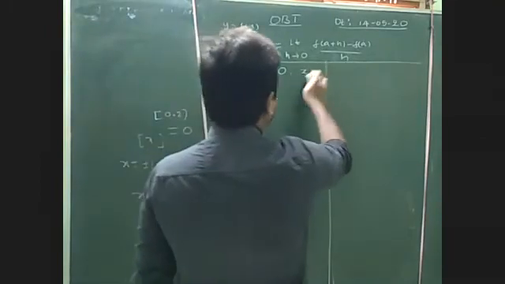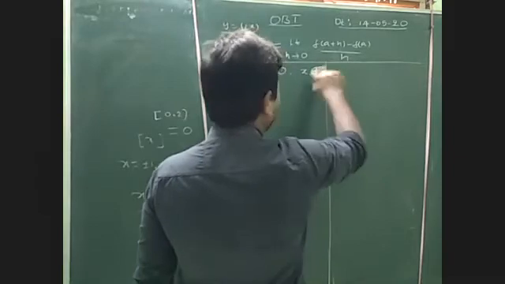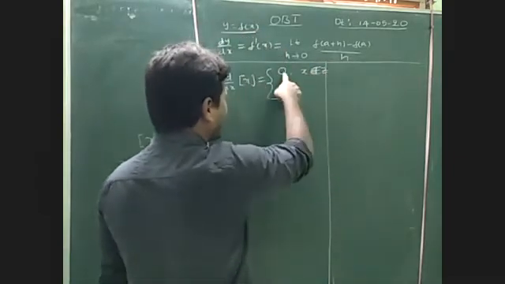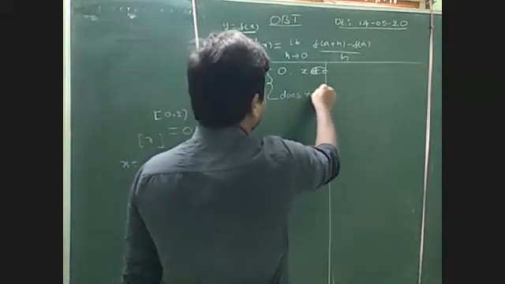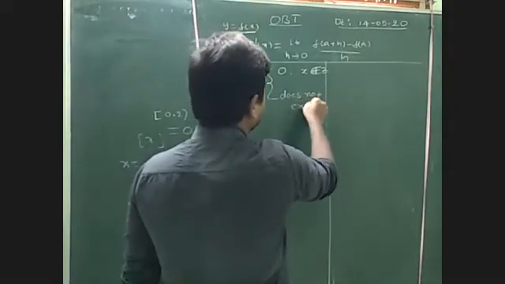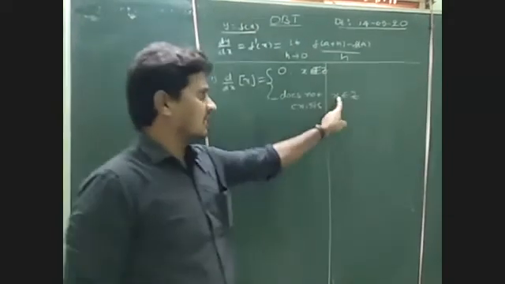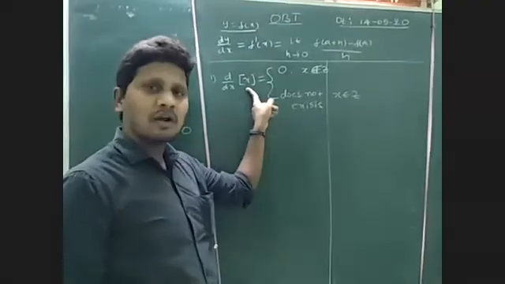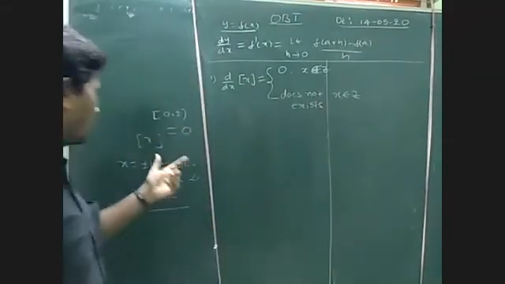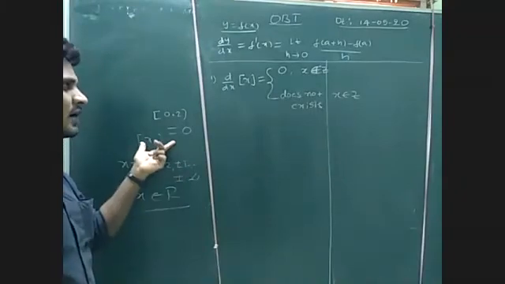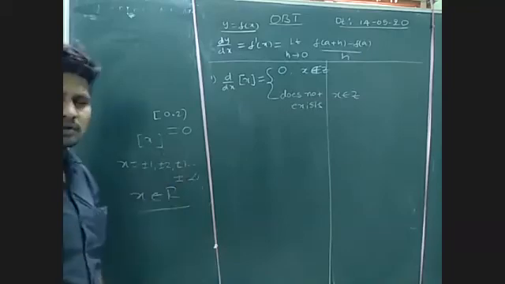It does not exist for x belongs to Z. This is the reason: at each and every integer it is not continuous, so it is not differentiable. Except at integers it will be continuous everywhere, and differentiability also exists. The derivative is 0.